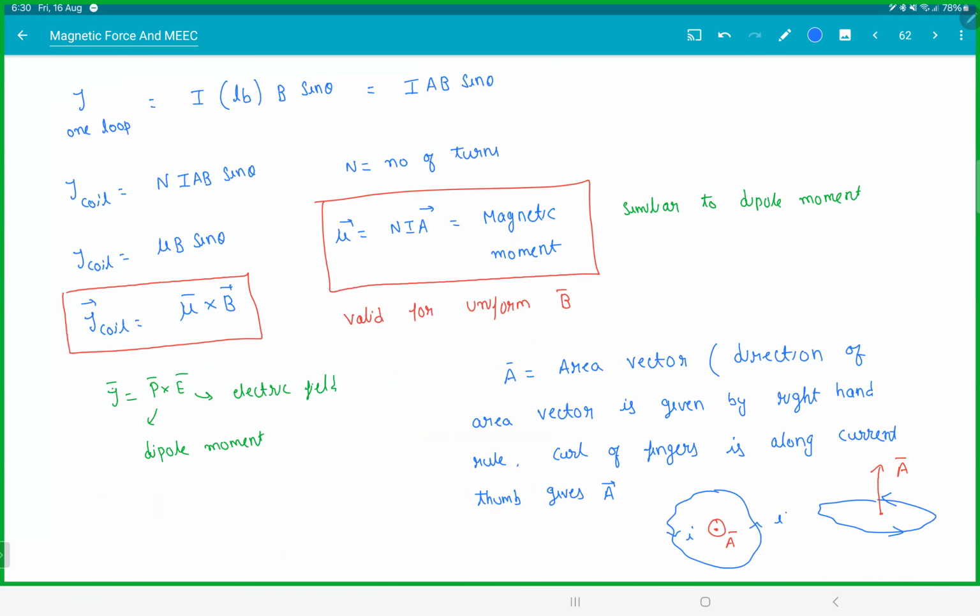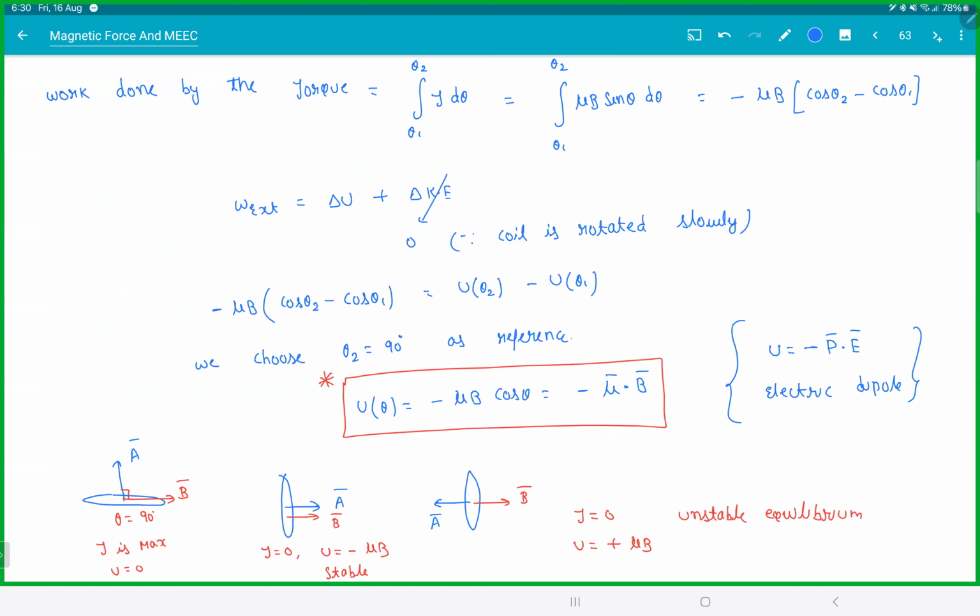Torque is mu cross B, mu is NIA. Potential energy is minus mu dot B bar. Let's see a question.